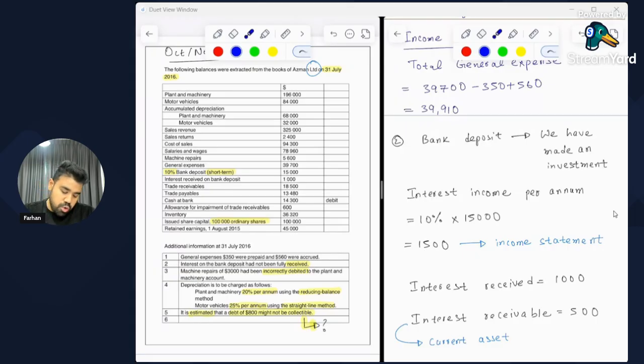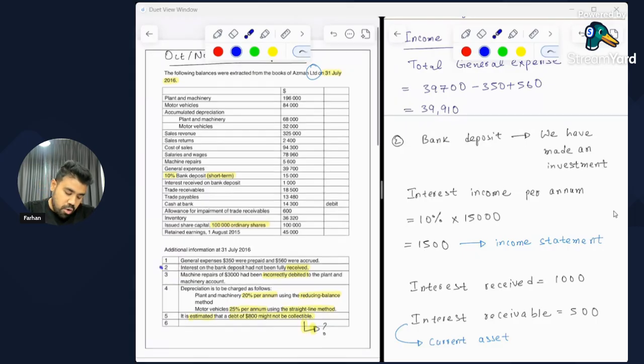Now, how do I know it's an investment? All right. So in the table, you're given the 10% bank deposit short term of $15,000. Now the 10% here refers to the interest rate. And the short term here refers to an investment that is made for perhaps 1 year.